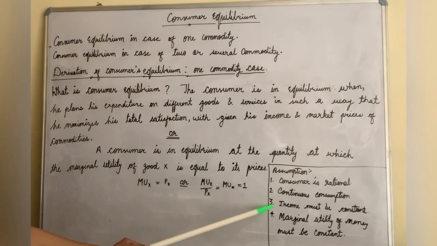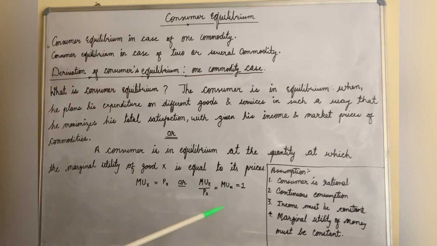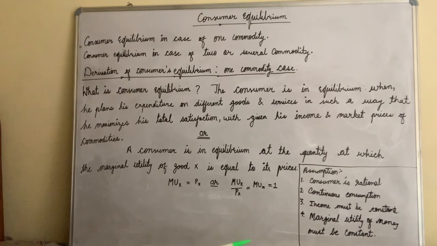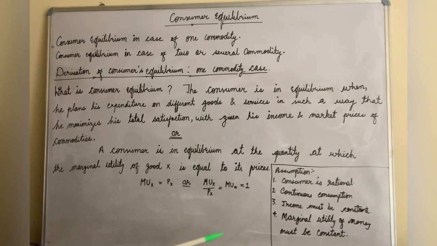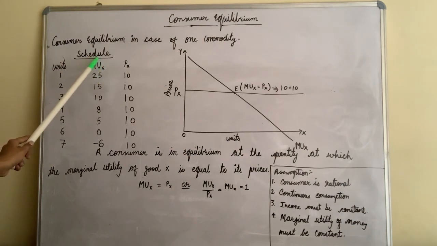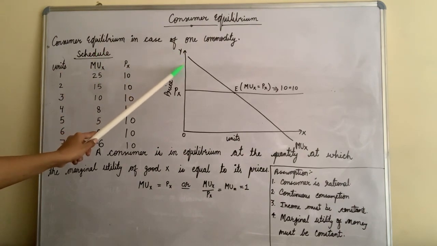Third, income must be constant. It means the income of the consumer should be constant at that time. Fourth, the marginal utility of money must be constant. It means that when we plan to make expenditure on goods, our money and the price should be constant.